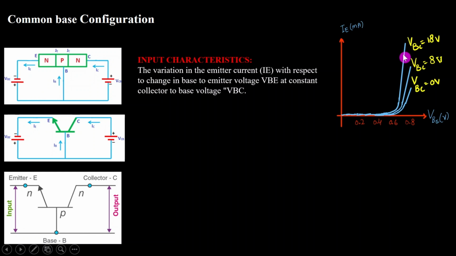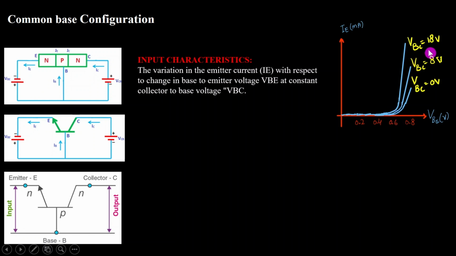Now again we have that same case, but here we have increased this potential, this VCB, up to 8 volt. We keep that constant at 8 volt, and we do not change this voltage, but again we are going to change this VBE, due to which this potential barrier will be decreasing, and suddenly the current will start, and in that case we will have this graph.